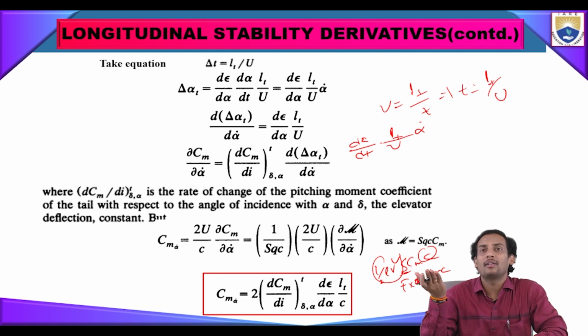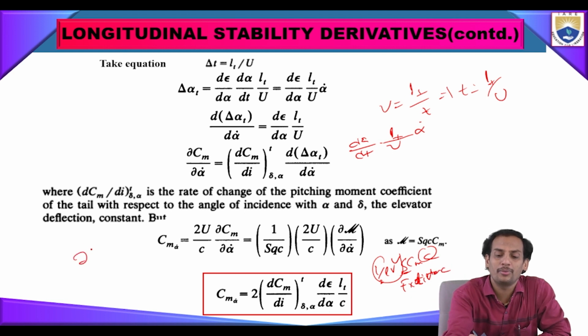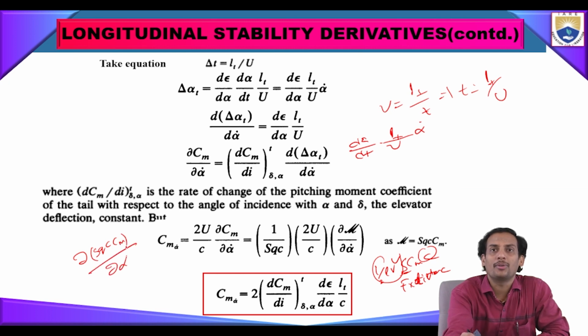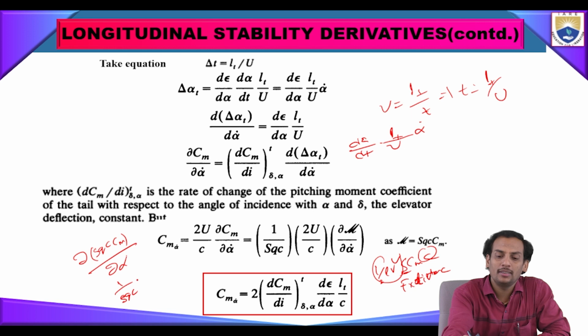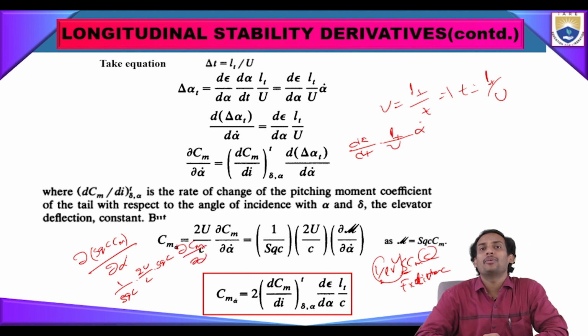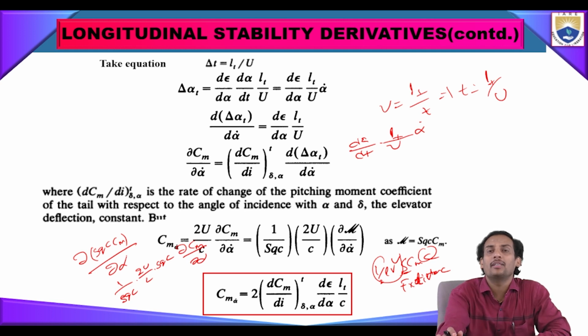So if you substitute in terms of ∂M by ∂α dot, SQC CM by ∂α dot, then the SQC will be taken out. So 1 by SQC into 2U by C into SQC into ∂CM by ∂α prime. Again the SQC and SQC will get cancelled.